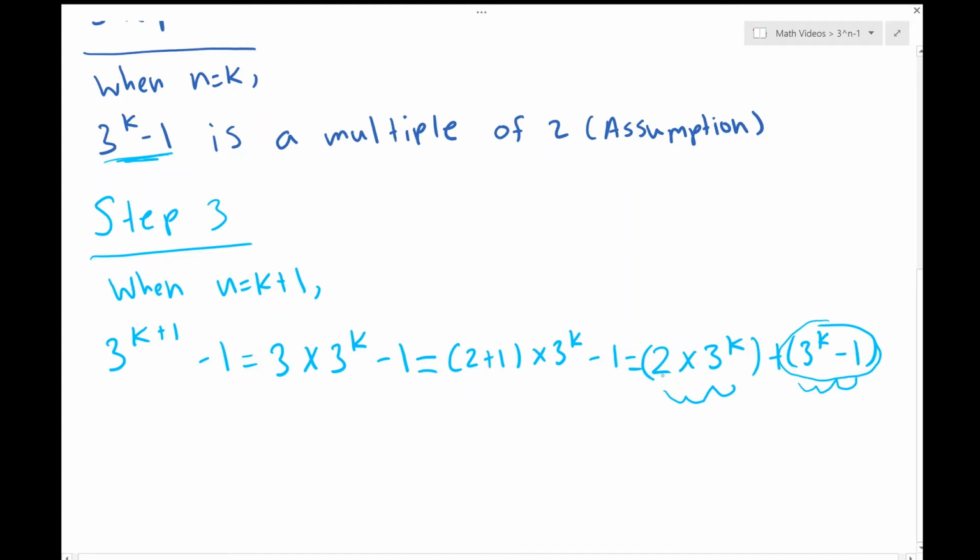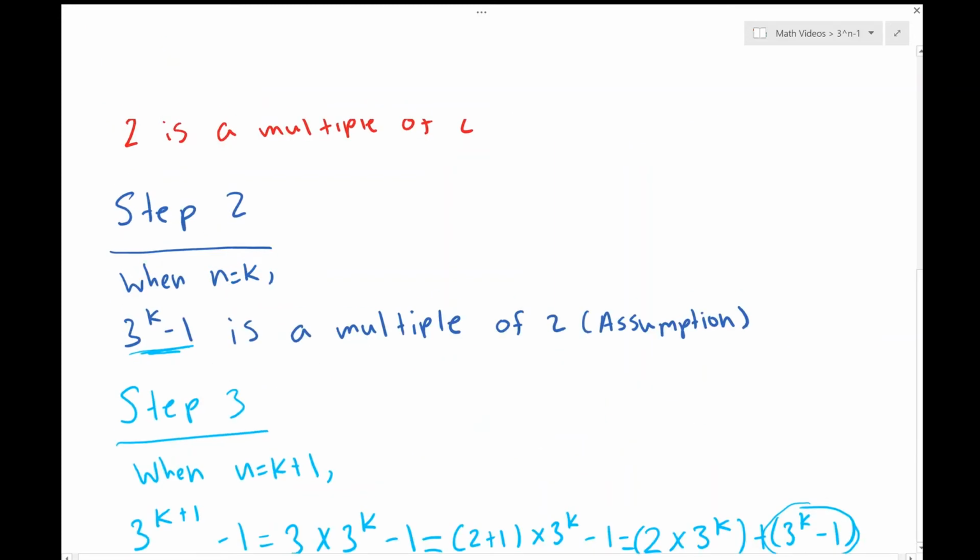So we have a multiple of 2 plus a multiple of 2. And that will give us a multiple of 2. So 3 to the power of k plus 1 minus 1 is a multiple of 2. And this is it. We've proven that this is true for all positive integers n.